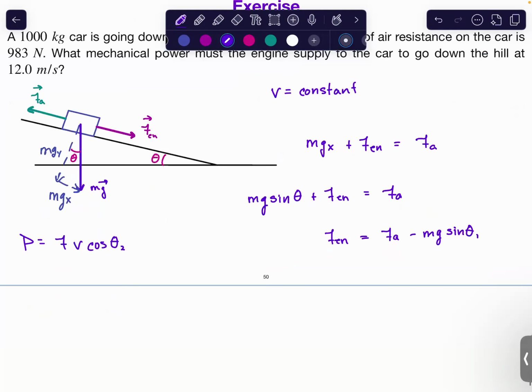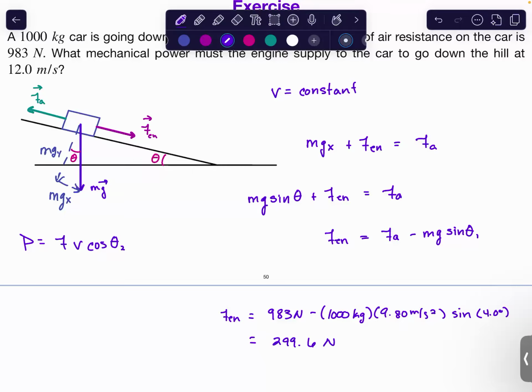Okay, so the force of the engine. That's gonna be 183 newtons minus 1,000 kilograms gravity sine of 4 degrees. The force of the engine is gonna be about 299.6 newtons.